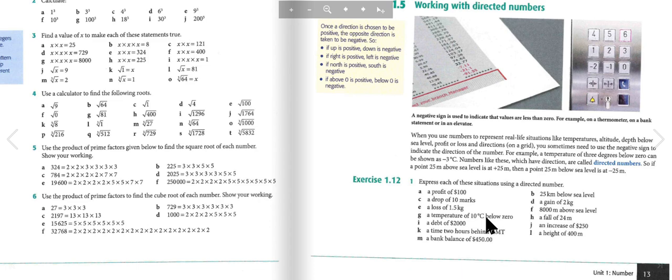A temperature of 10 degrees Celsius below 0. A fall of 24 meters. A debt of $2,000. An increase of $250. A time 2 hours behind GMT. A height of 400 meters. And a bank balance of $450.